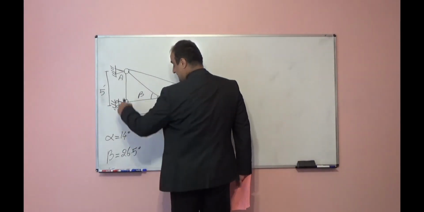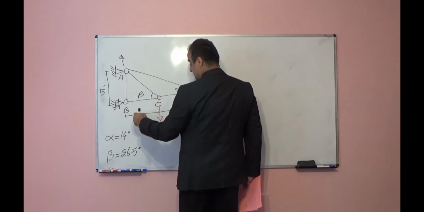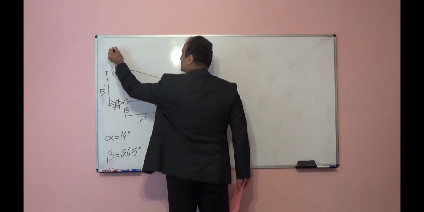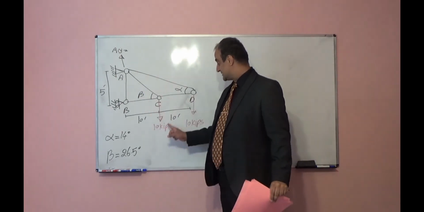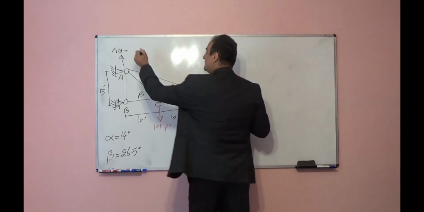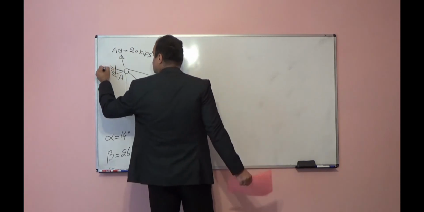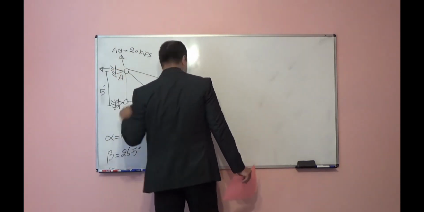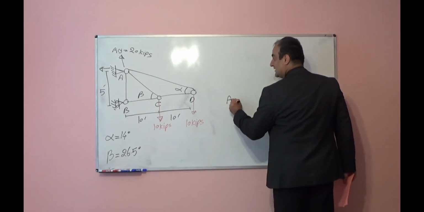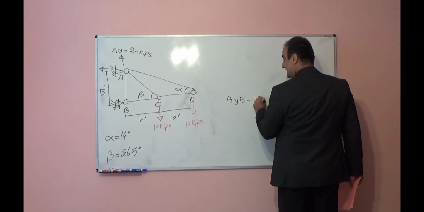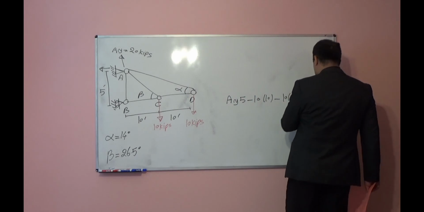After I found alpha and beta, let's find reactions. Here, this reaction in the vertical direction is 0 because this is a roller. This reaction AY: summation of forces in vertical direction is equal to 0. AY minus 10 minus 10 is equal to 0, so AY will be 20 kips. AX, if I assume in this direction, I can write summation of moment with respect to point B. So AY times 5 minus 10 times 10 minus 10 times 20 is equal to 0.